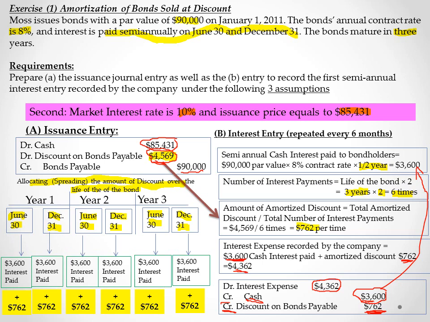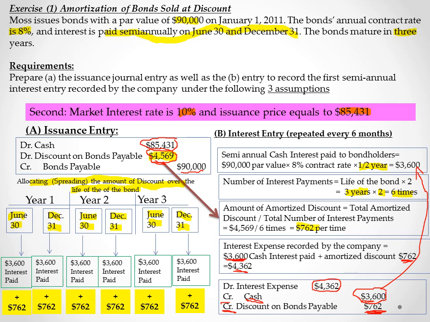Why are we going to do that? Because this discount on bonds payable, the company treats as an extra expense that it will have to bear each period. So we need to allocate this amount over the periods, over the 6 times, over the 6 periods. Each time the company will have to pay the interest. So we need to calculate each period how much of the total discount on bonds payable we are going to allocate.